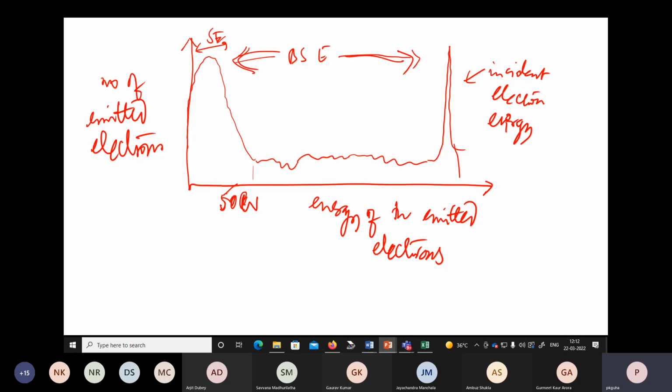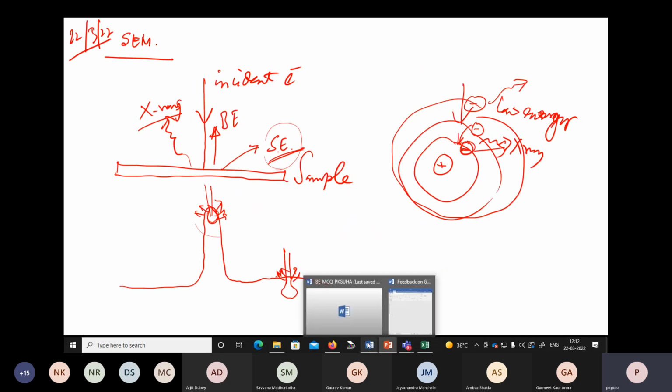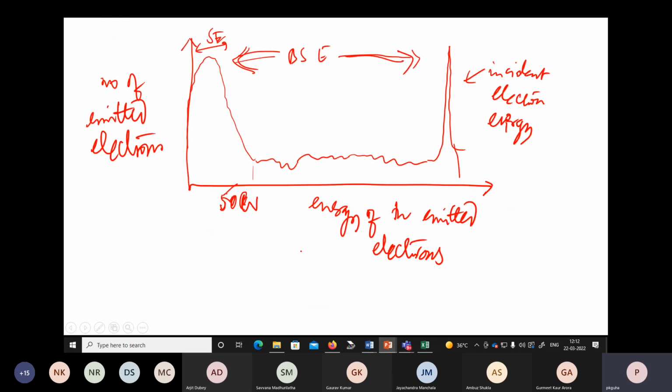If they are generated deep, they will be reabsorbed by the specimen itself. Only those generated at the top surface are emitted outside the specimen. This means secondary electrons are very sensitive to the surface, right?